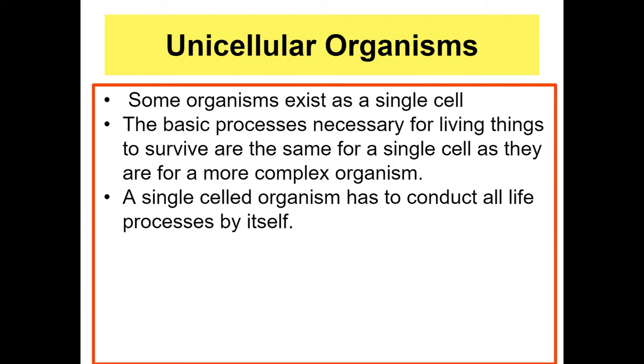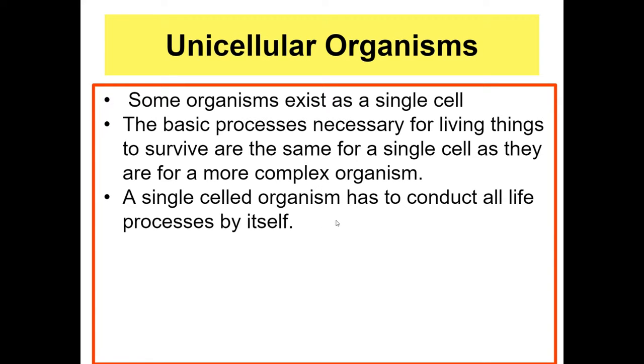But those characteristics of living things have to be present in a single cell organism just as well as multicellular organisms. So the basic processes necessary for living things to survive are the same for a single cell as they are for more complex organisms or multicellular organisms.